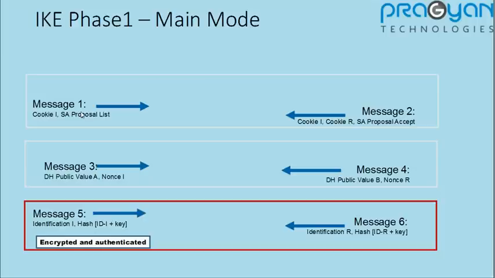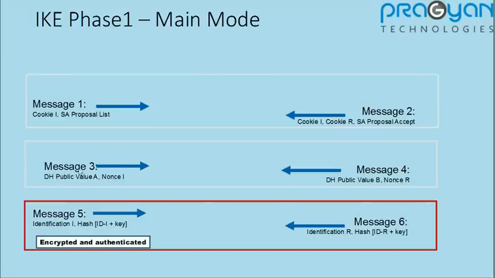So the first two messages are called the first exchange. You have all the parameters agreed upon for phase 1. Now in phase 1, messages number 3 and 4 will have your Diffie-Hellman public key. So in the meantime, A has generated its Diffie-Hellman public key as well as private key, and B has generated its Diffie-Hellman private key and public key.